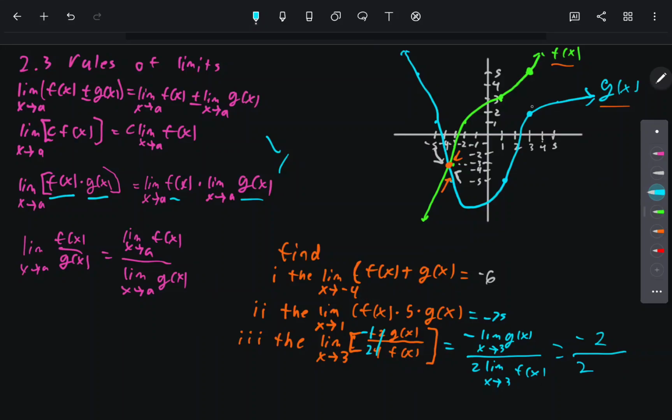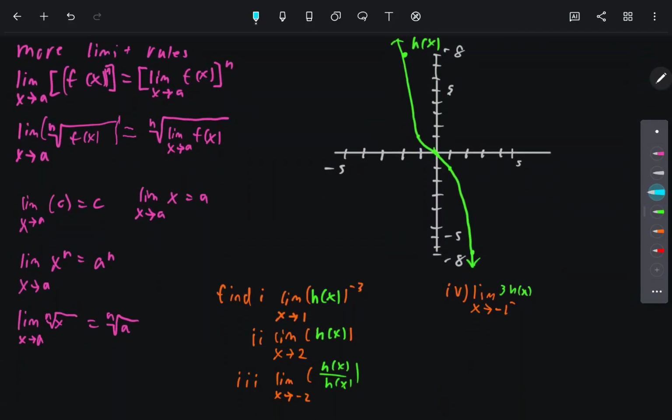Well, f of x at 3 looks to approach 5. So then we will have 2 times 5. The 2's will cancel, so we just get really negative 1/5.